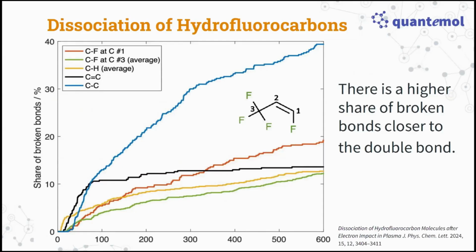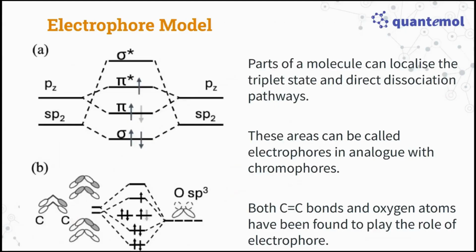And so this gave rise to the direction of the rest of the project, which is, what if these features like double bonds can localize the excitation to the triplet state? And what if these are the real important features in how to predict what bonds are going to break the most and the quickest? And so we came up with this electrophore model, which is very much the name inspired, or stolen, by the chromophore in photochemistry, which is a functional group that localizes the excitation by a photon.